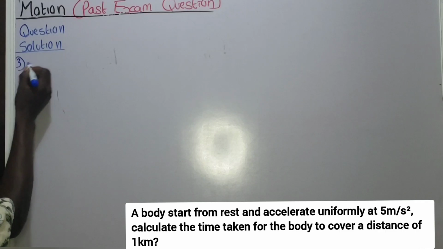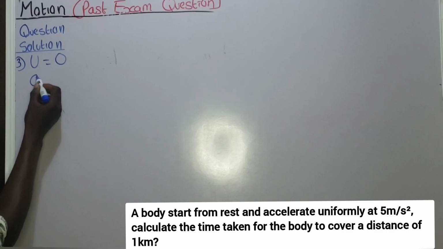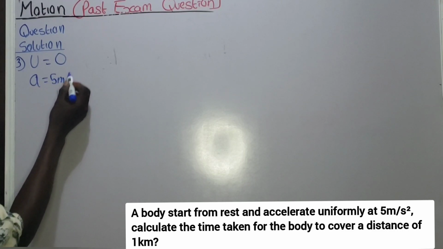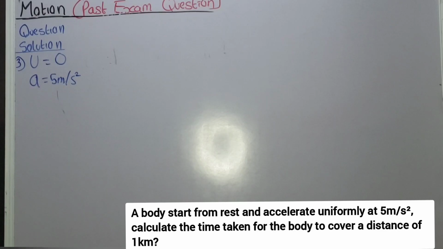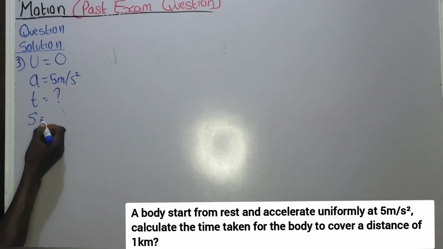It accelerates uniformly at 5 meters per second squared, so the acceleration is 5 meters per second squared. We are asked to determine the time taken, and the distance is 1 kilometer.